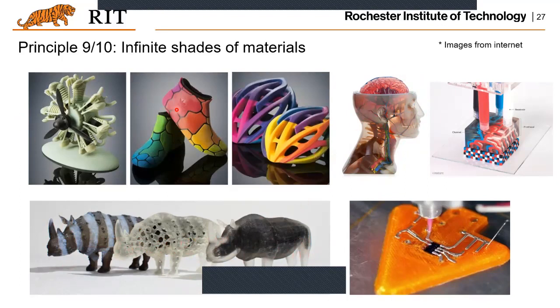And also these ones, right? You can see they have all different colors, if color can be considered a material property. In some new advancements, they integrate metal wires with plastic substrates to produce functional parts, like the one shown here.